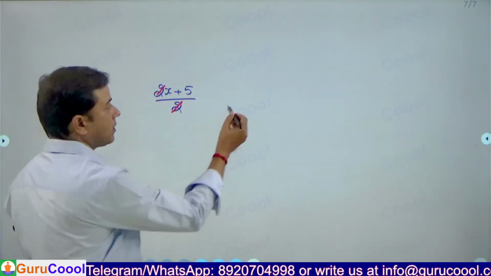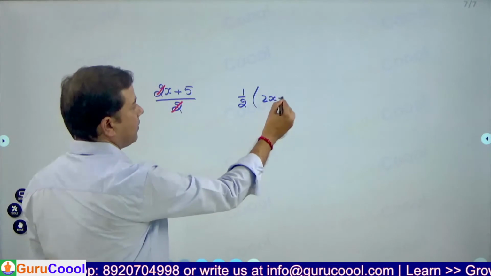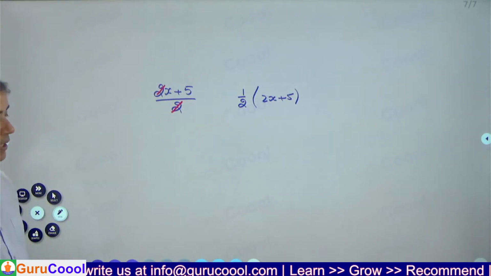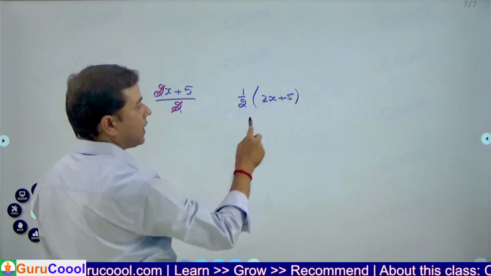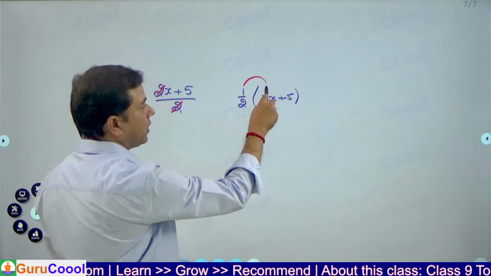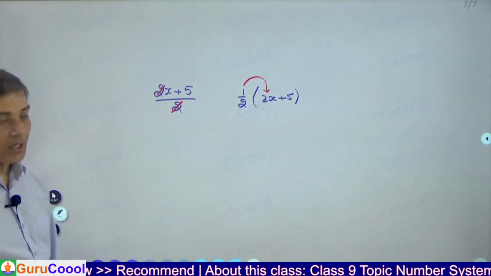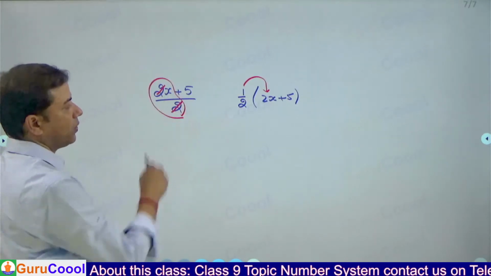This means 1 by 2 is out and 2x plus 5 is in the brackets. If you multiply 1 by 2 inside, will you multiply it with only the first term or both of them? Both of them. But here you are multiplying the first one only, not the second one.